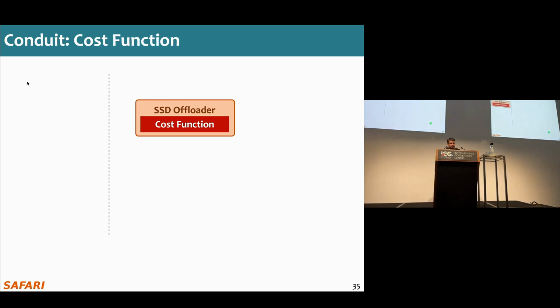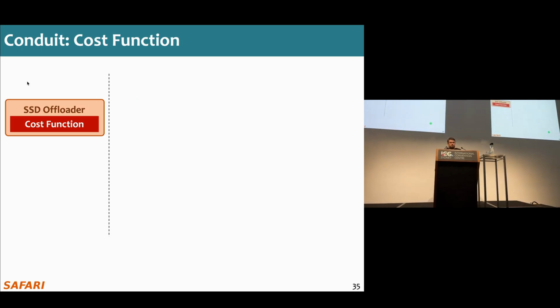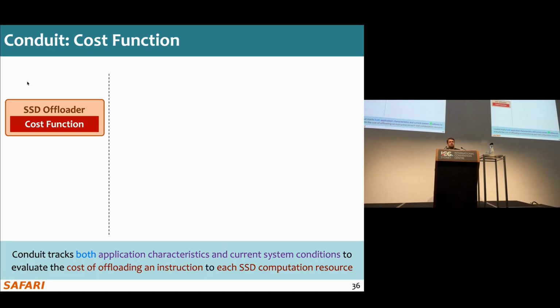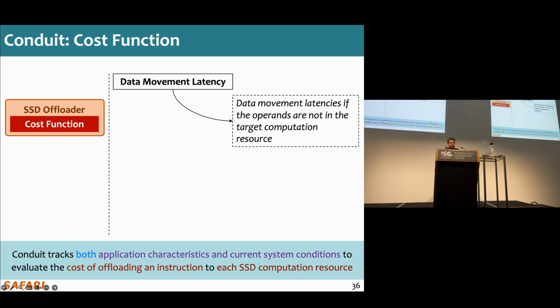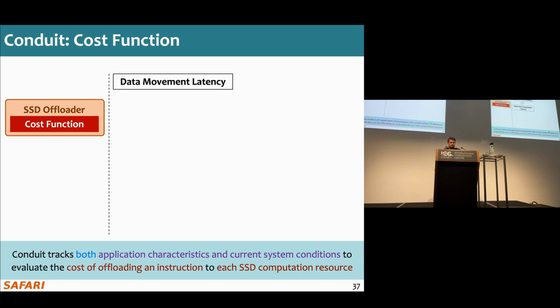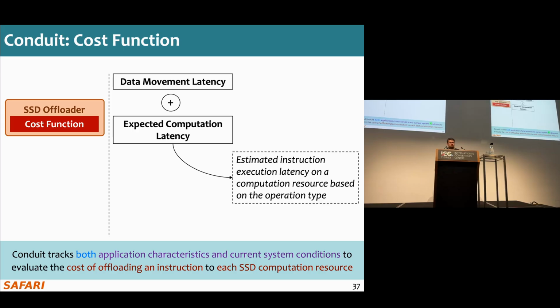Let's look at what this cost function does. This cost function looks at application characteristics and also current system conditions to evaluate the cost of offloading an instruction to each computation resource. We look at several factors like data movement latency, the cost of moving data if the operands are not in the target computation resource. We then look at expected computation latency, which is the estimated instruction execution latency on a computation resource based on the operation type.